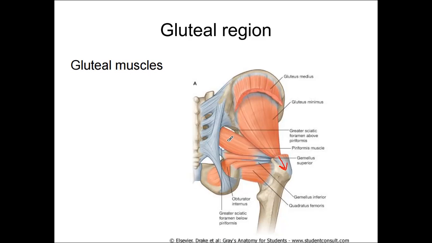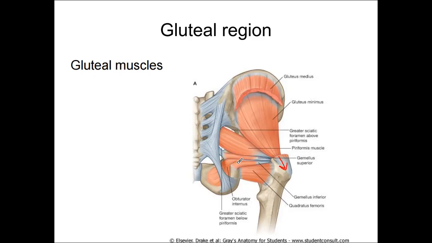Appreciating this muscle, which is the piriformis, that divides the greater sciatic foramen into an upper compartment and lower compartment. The piriformis muscle, coming from the anterior surface of the sacrum, so we can call it the anterolateral surface of the sacrum, up to the greater trochanter as well, is supplied by the sacral nerves, right?